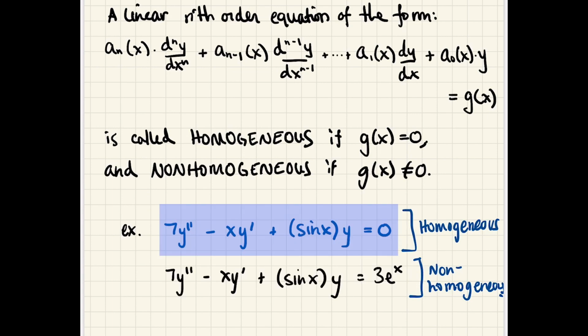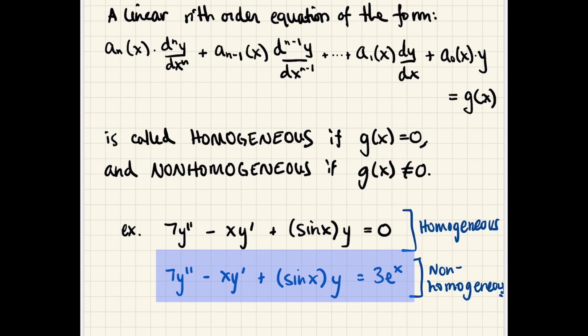Once we have that first solution, which is called a complementary solution, we then put our attention towards this 3e to the x, or whatever is part of the non-homogeneous part, and we get something called a particular solution. Then we combine the two solutions using something called the superposition principle, and at that point we will have the general solution to our original non-homogeneous differential equation. It's going to take us a few sections of theory to get to that point, but that is the main idea here.